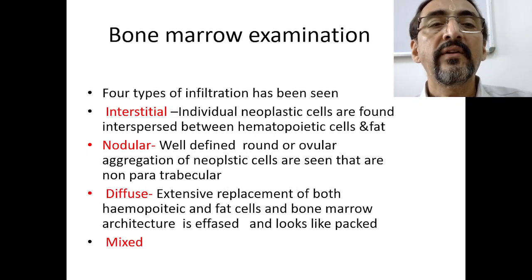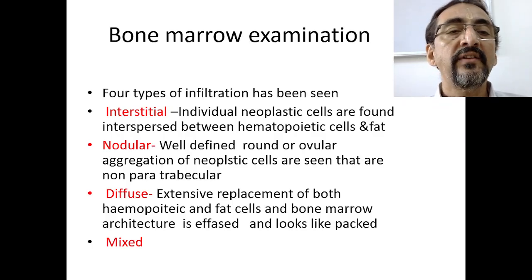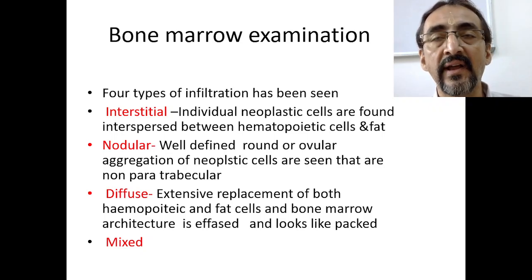Looking into the bone marrow examination, 4 types of infiltration are seen: one is interstitial, another is nodular, diffuse, and mixed. What do you mean by interstitial? Interstitial is where individual neoplastic cells are found interspersed between the hemopoietic cells and the fat.